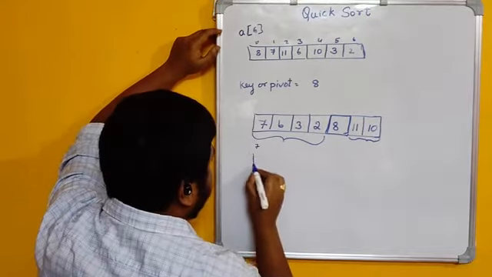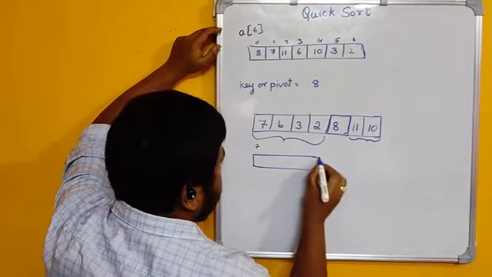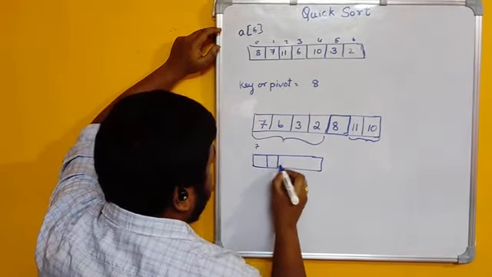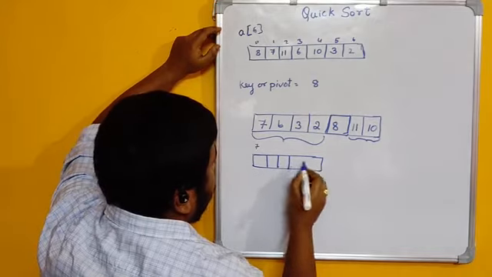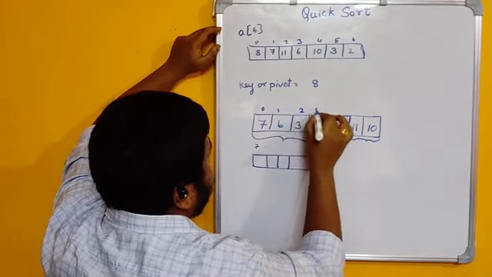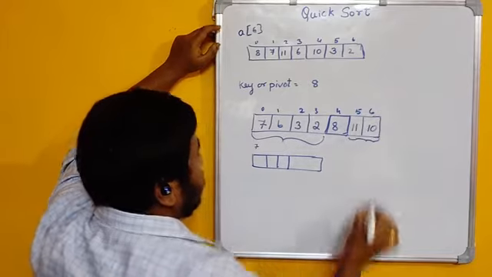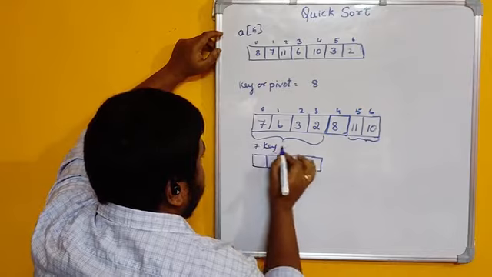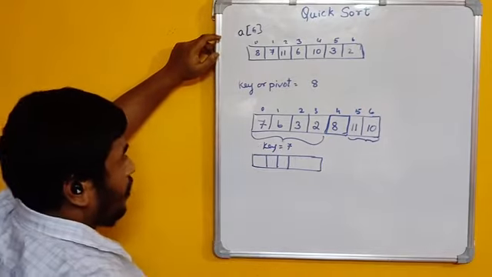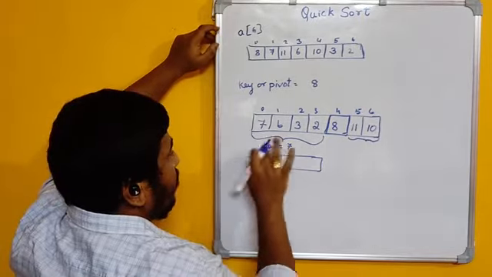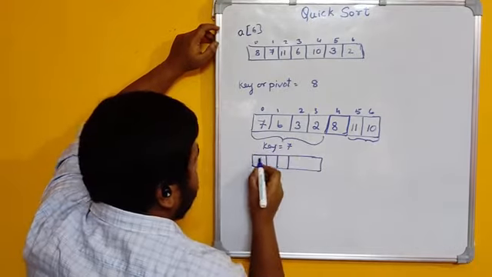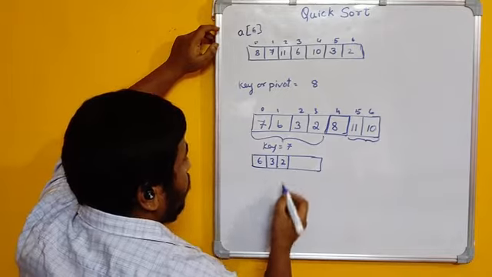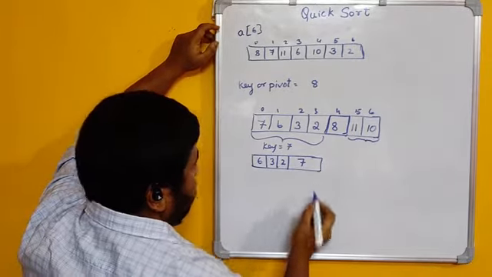With indices 0 to 6, 7 is our key, key is equal to 7. The elements less than the key will be on the left side. So 6, 3, 2, and 7.